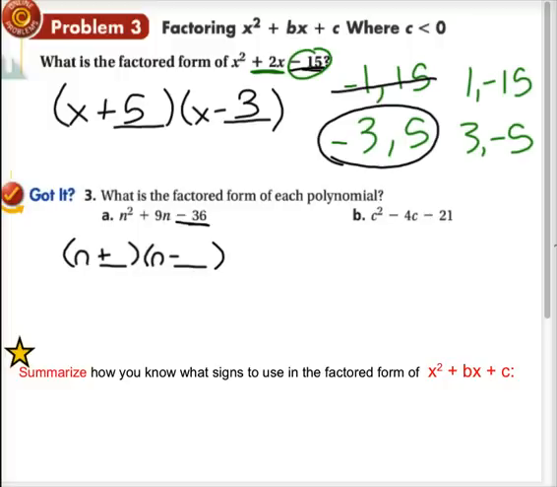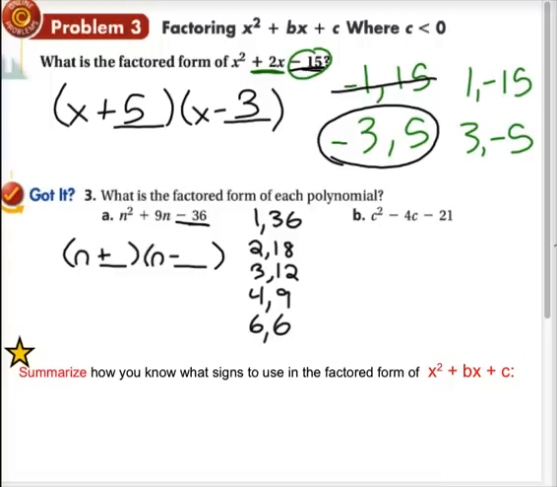And I can already see that because I'm talking about that negative 36, the only way to multiply to give me negative 36 is a negative and a positive. So let's start running through ways to multiply to be 36. We can have 1 and 36, 2 and 18, 3 and 12, 4 and 9, 6 and 6.